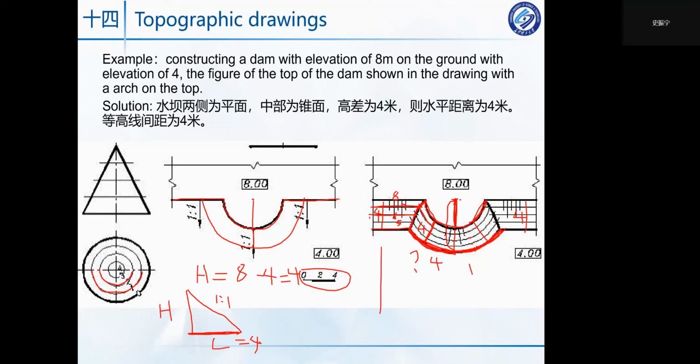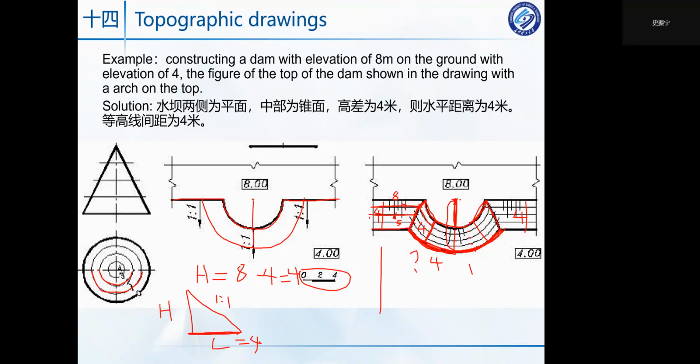Please remember this: when a plane crosses a curved surface, the intersection line is not a straight line. So you can connect these 5 points, and you can get the intersection line.